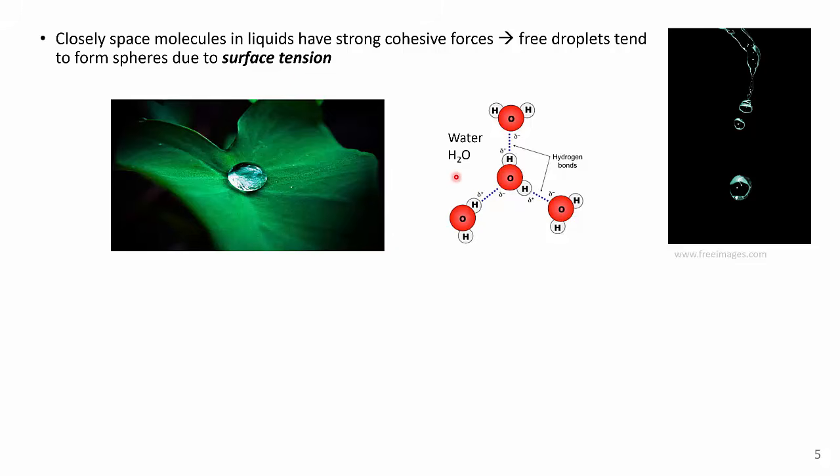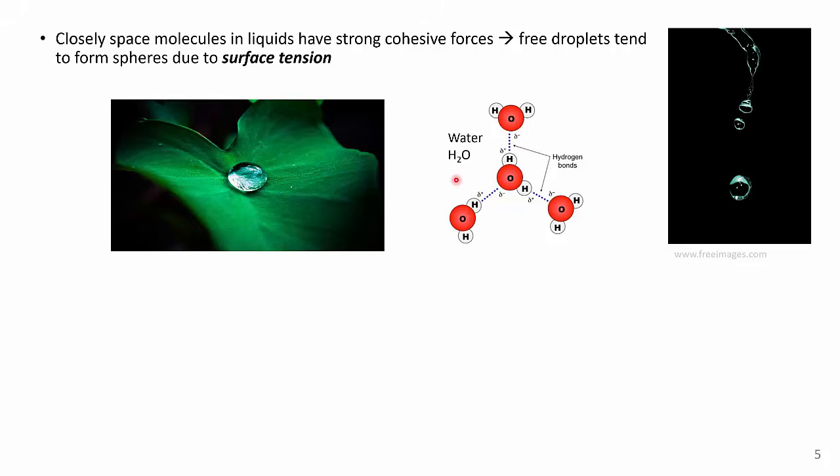Now, in water, surface tension is particularly high because, and this is not critical for this course, you may remember from your chemistry course that H2O is a polar molecule with the hydrogen being positive and the oxygen end of the atom being negative, and you get these electrostatic attractions between the hydrogen atoms and the oxygen atoms.